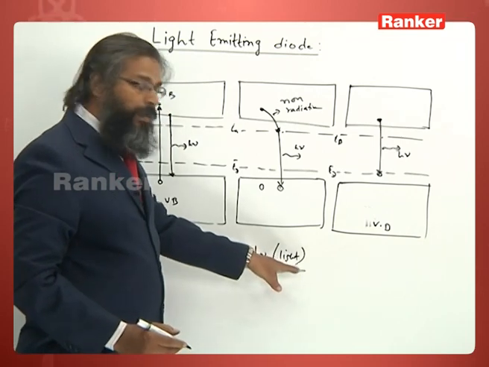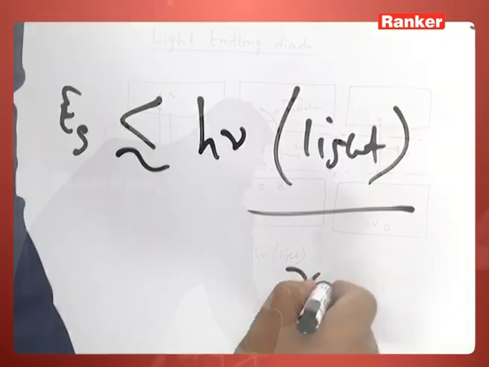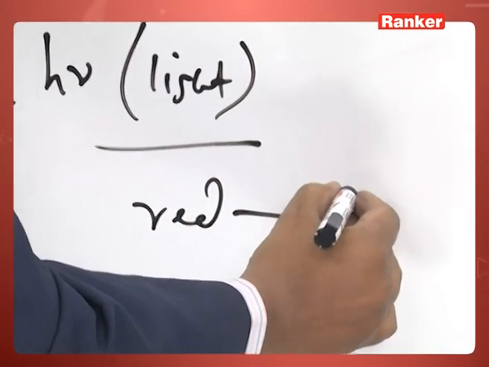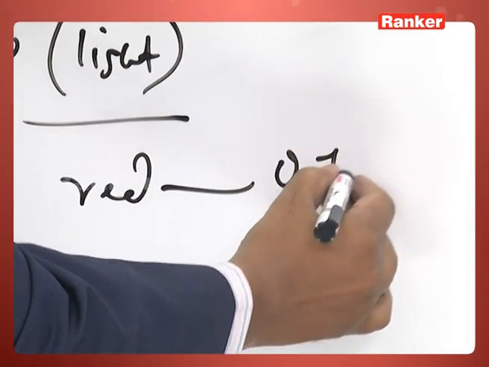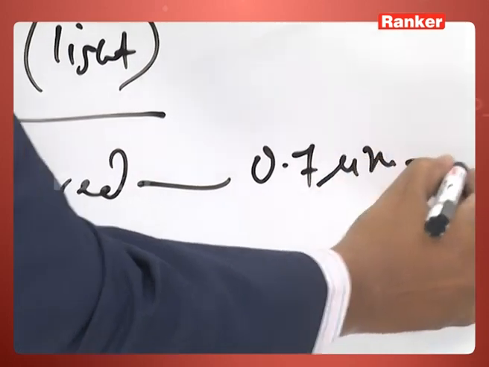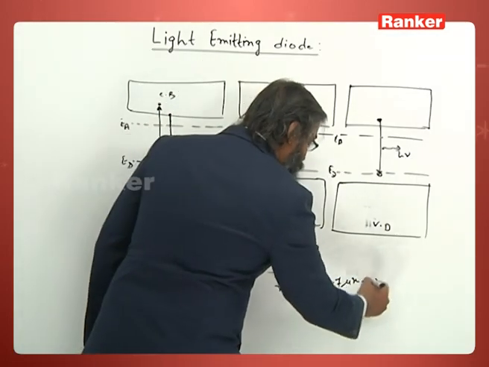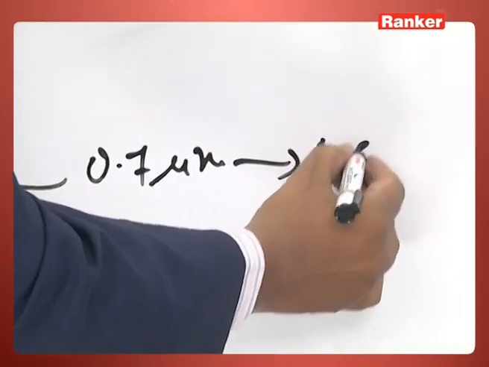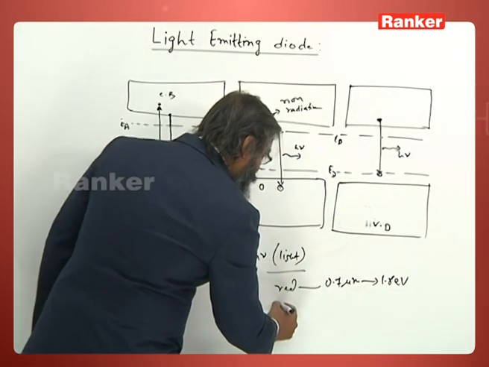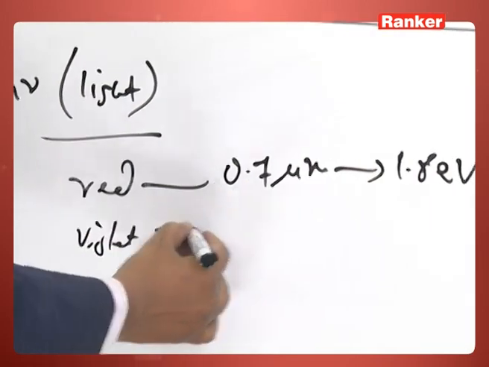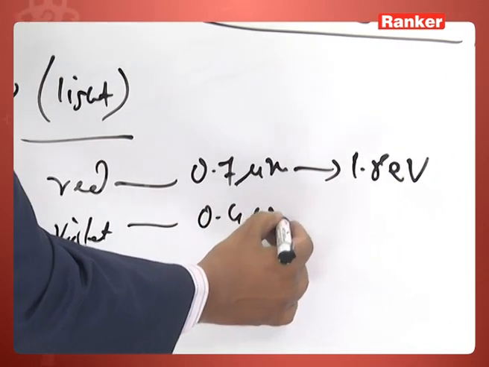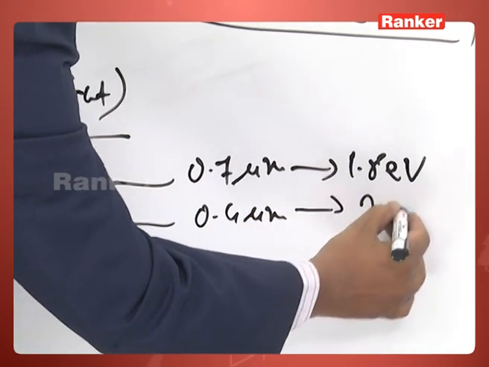Suppose red light has to be emitted. For red light the wavelength is 0.7 micrometer and the energy is nearly 1.8 electron volt. For violet, nearly blue, it is 0.4 micrometer and 3 electron volt.